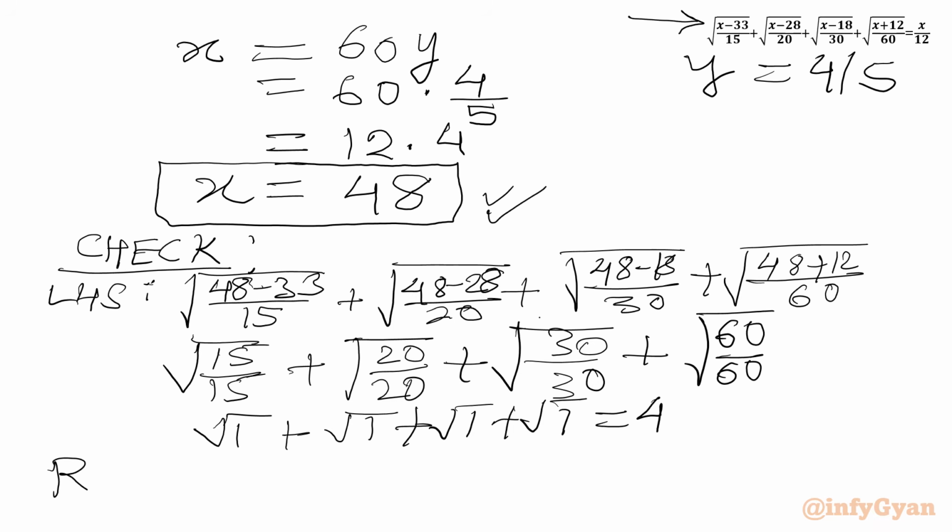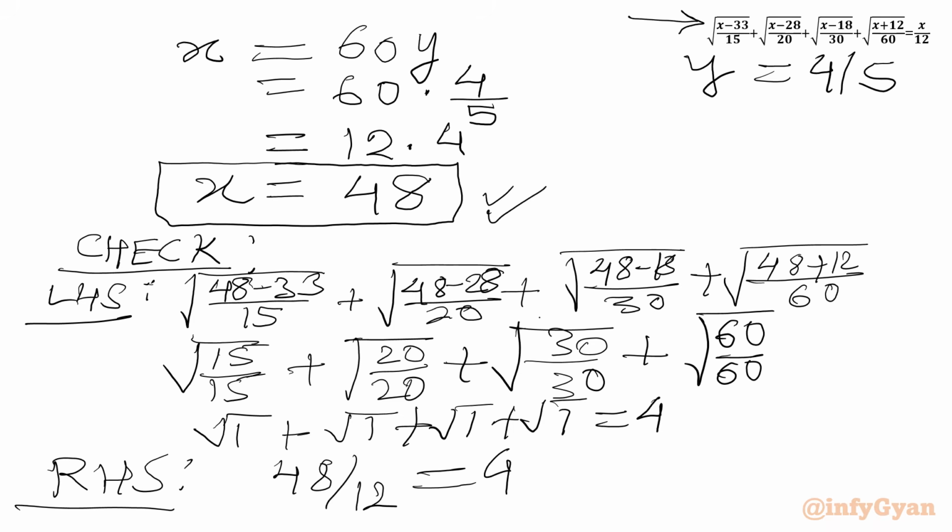Now we will check our RHS at x equal to 48. So x over 12, we will write here 48 over 12, which will be equal to 4. LHS equal to RHS. Hence our solution x equal to 48 is true and verified.